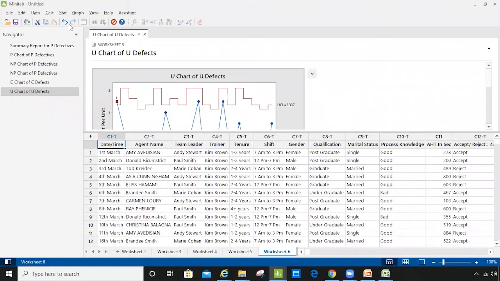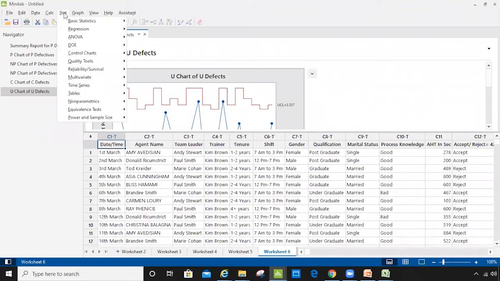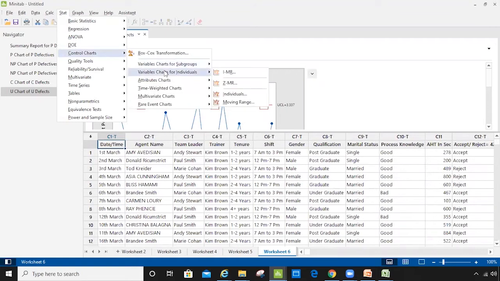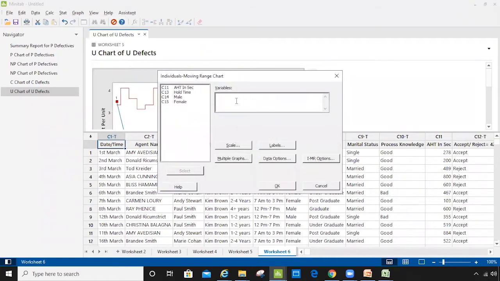Now I go to Stats, then Control Charts, click on Variable Charts for Individuals, and click on IMR. Under Variables, I'll mention the variable, which is average handling time in seconds, a continuous data. I click on OK.